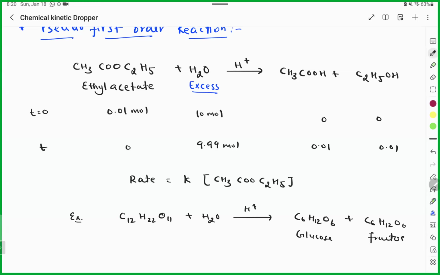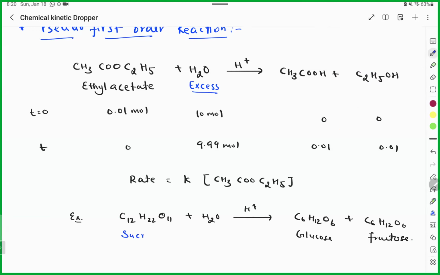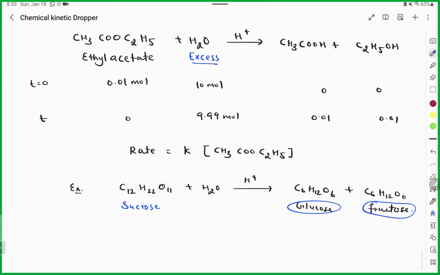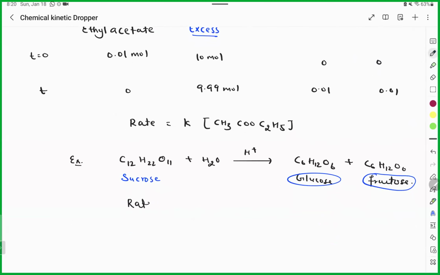So that's sucrose, no? It is sucrose. We don't know, it can be maltose, it can be lactose also, but because your products are glucose and fructose, based on the products you can tell it is sucrose. And if you calculate the rate of the reaction, same situation, it will be first order: K C12H22O11. Any doubt, guys?